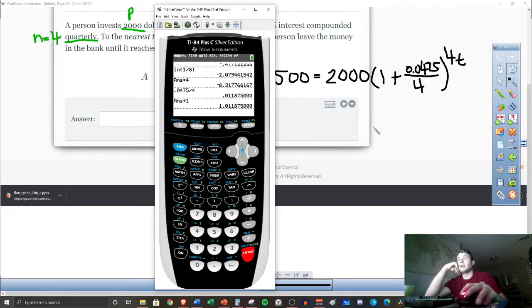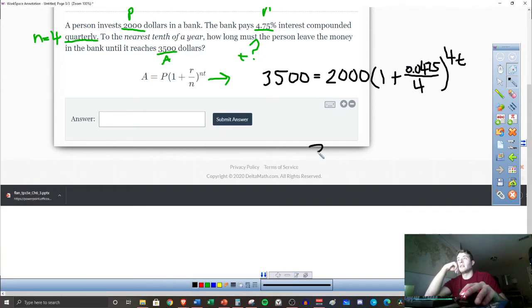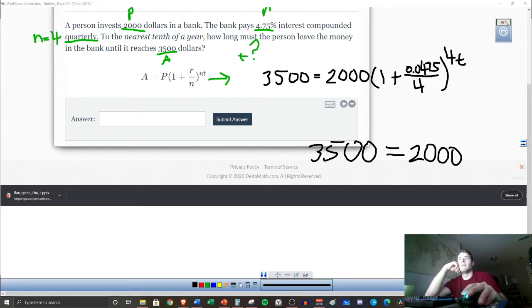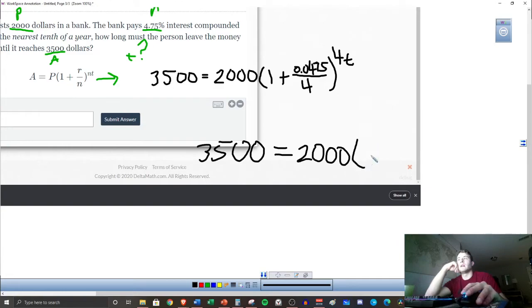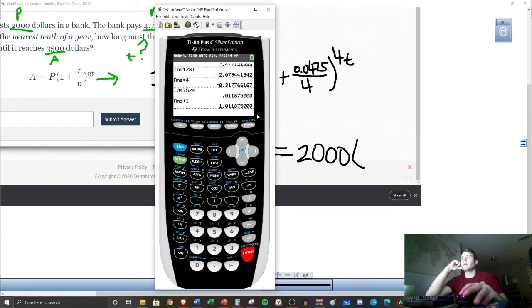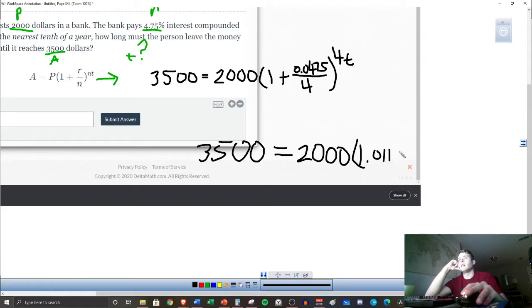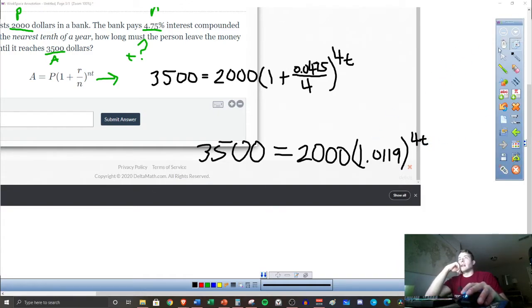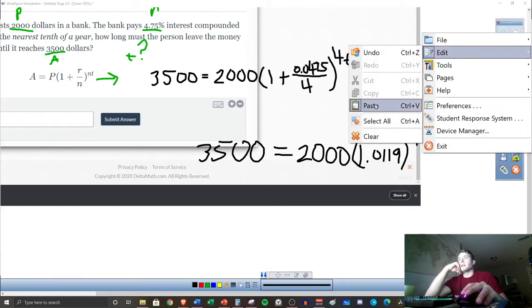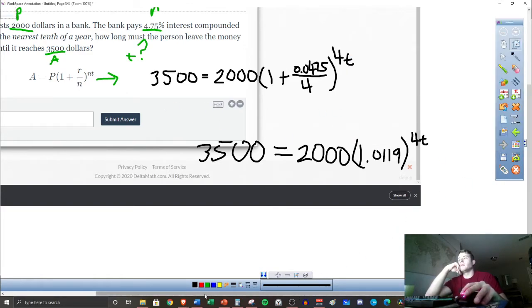So I'm going to rewrite this down here. 3,500 equals 2,000 times, and it's right here, 1, I'll go to 4 places, 1.0118 or 119, to the 4t. Okay, and also I want to make sure I have this here so that we can look at it. Let's move that down.